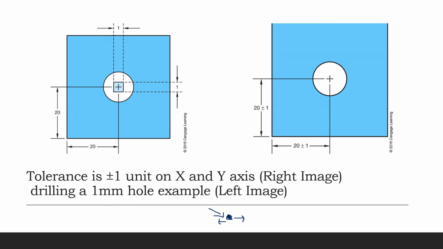When you drill it, you might not get it exactly right there. It might come off on that side or on that side, whichever direction, within 1 unit over and 1 unit under. So here, let's say the size of this, this side and that side.